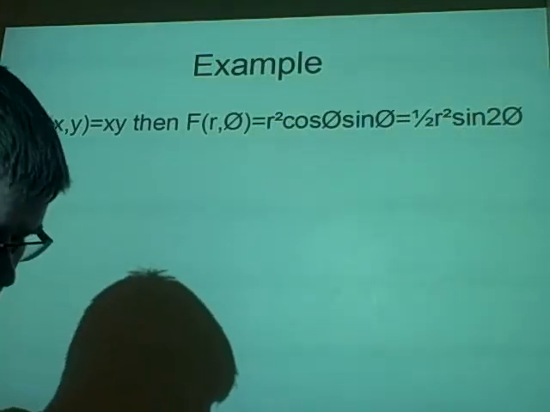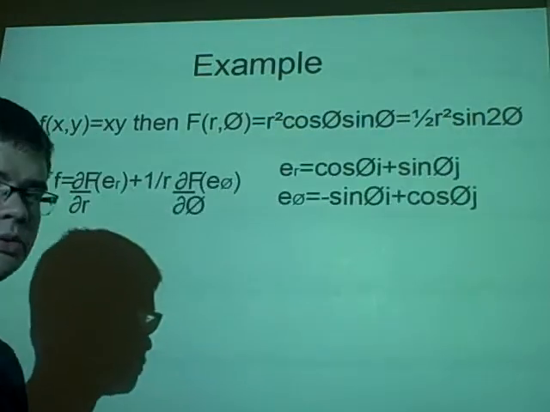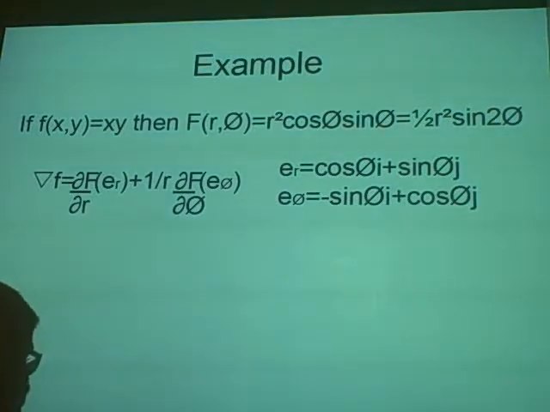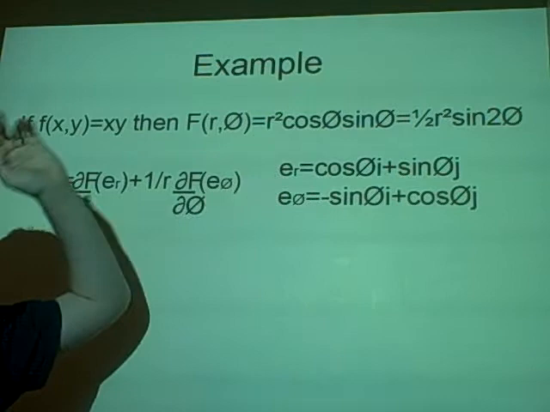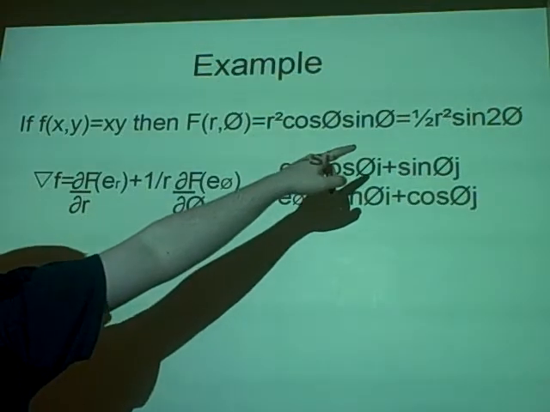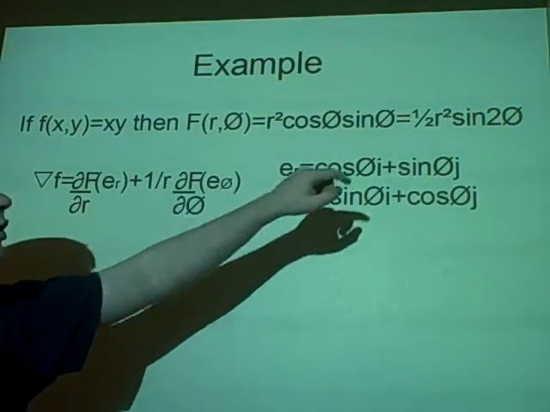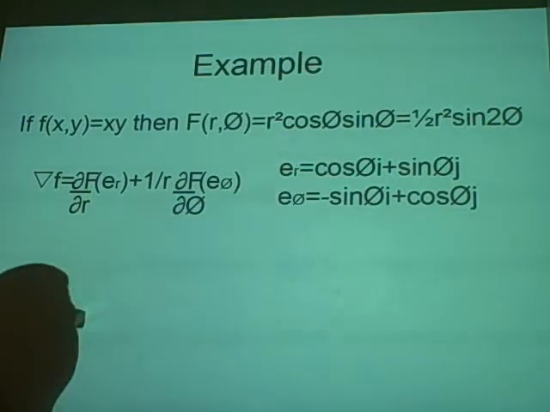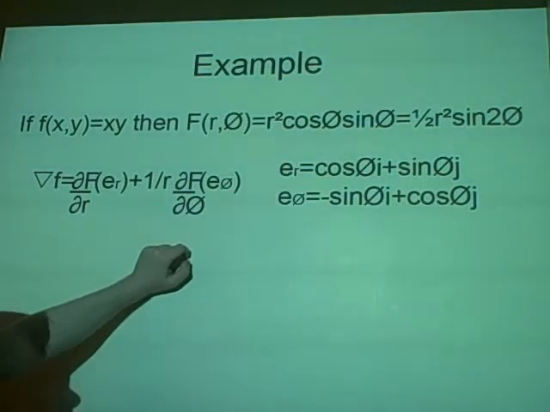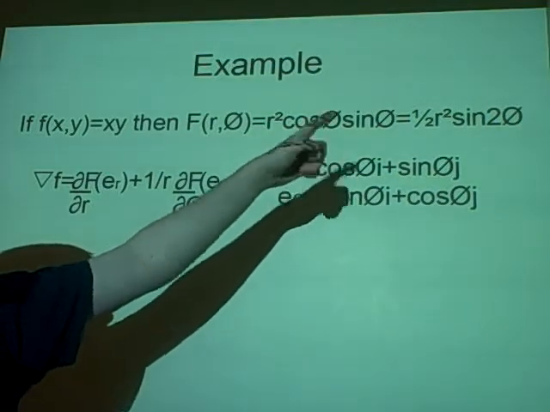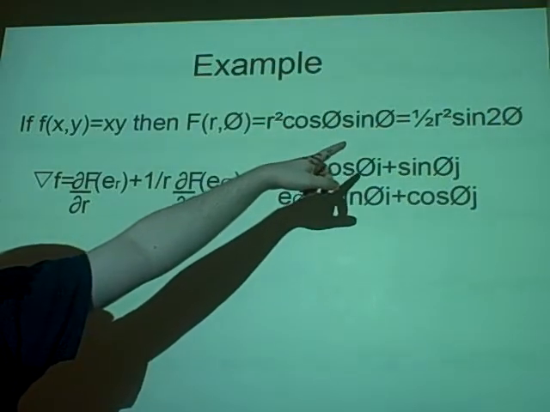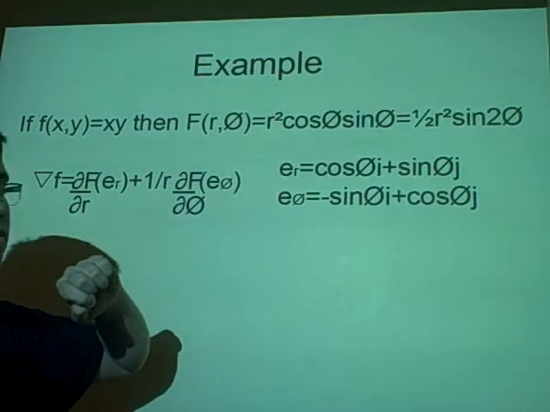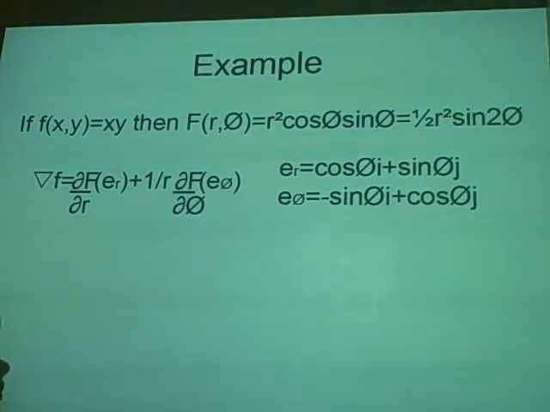Now, what we want to do is find the grad f. So, we differentiate with respect to r, which will give us r sine 2 theta, and we also differentiate with respect to theta, which will give us r squared cosine 2 theta, because the 2 cancels with the half.